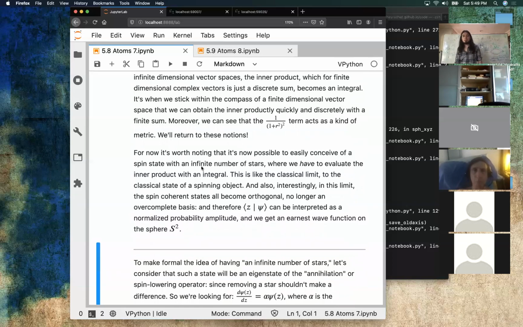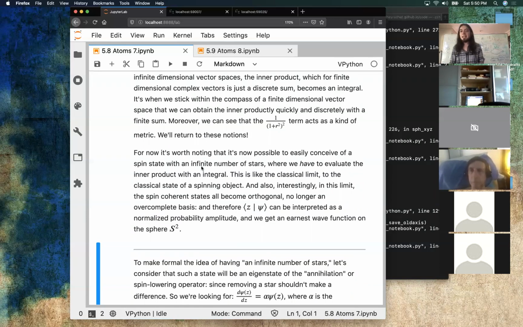becomes possible to think about the classical limit of a spin, which is in effect a spin coherent state where there's an infinite number of stars at a given point on the sphere.